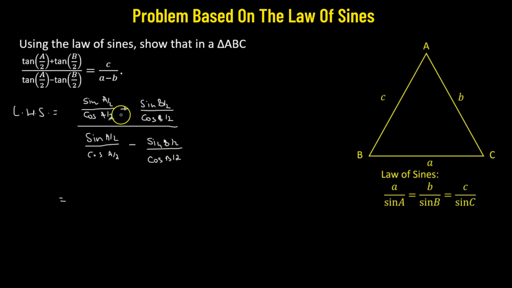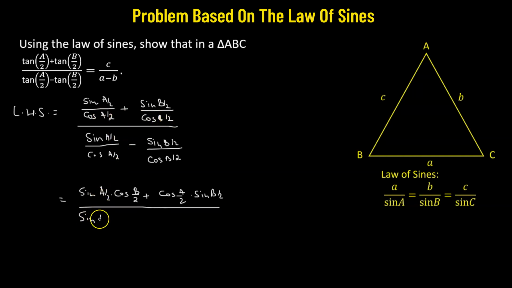Now we'll combine the two fractions in the numerator. That gives us sine A over 2 times cosine of B over 2 plus cosine of A over 2 multiplied by sine of B over 2, the whole divided by a common denominator, which is cosine A over 2 times cosine B over 2. The same common denominator is in the denominator, so that gets factored away.